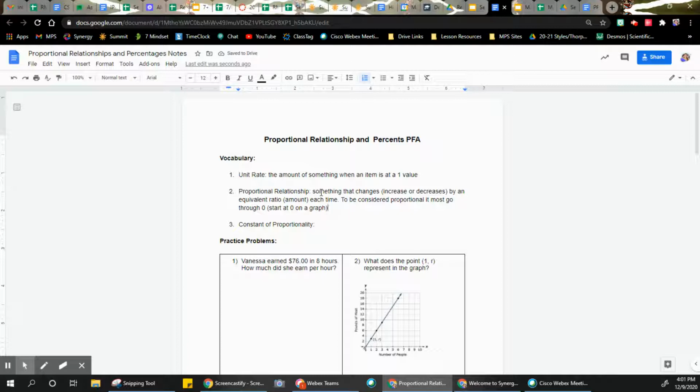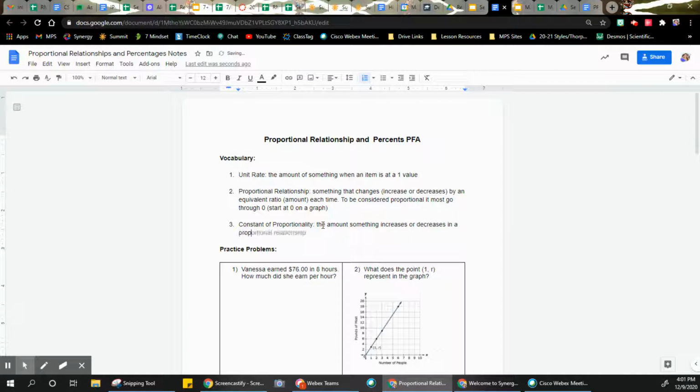All right, so let's talk about constant proportionality. The constant proportionality is the amount it's increasing or decreasing each time. It is the same thing as the unit rate.